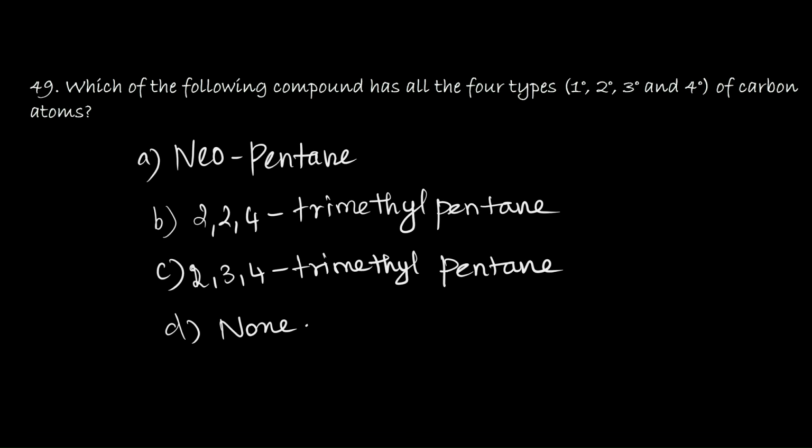Which of the following compounds has all 4 types of carbon atoms: primary, secondary, tertiary and quaternary? So neopentane looks like this, 1, 2, 3, 4, 5. And 2,2,4-trimethylpentane, 1, 2, 3, 4, 5.